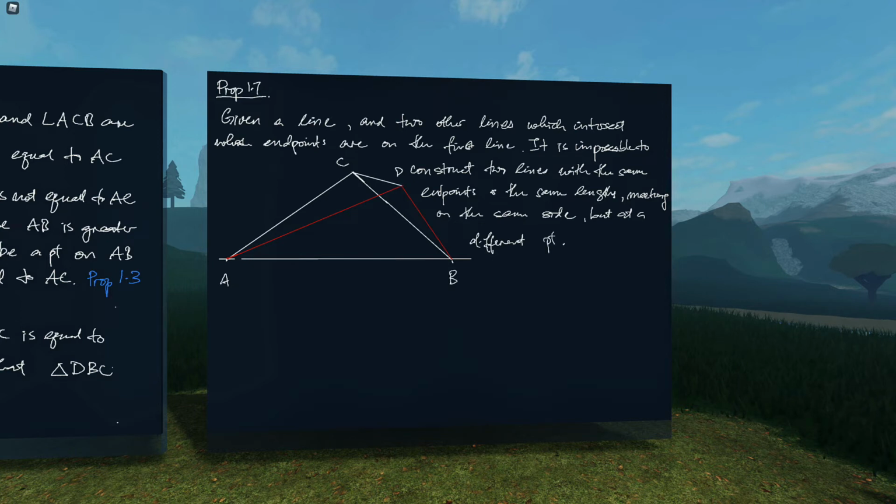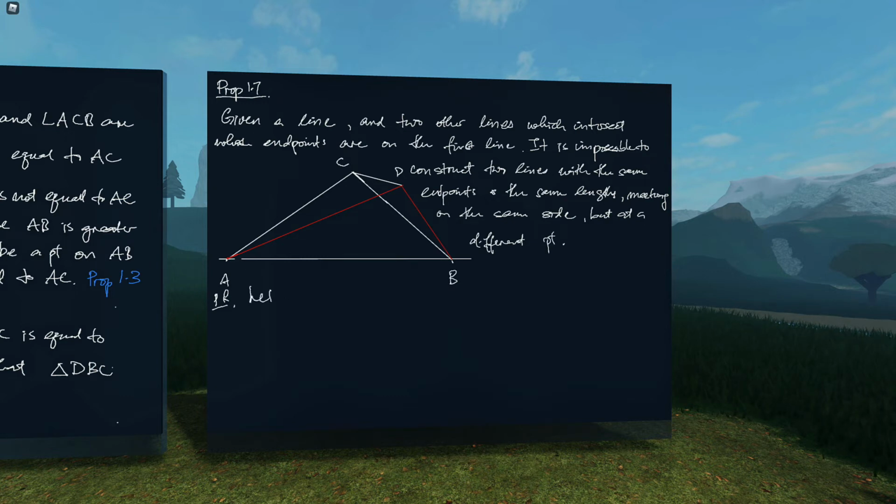So, proof. Let AB be a line. Assume AC and BC are equal to AD and BD. Let's write the whole thing out. Slightly wary of the room that I have left, but I think we're okay.